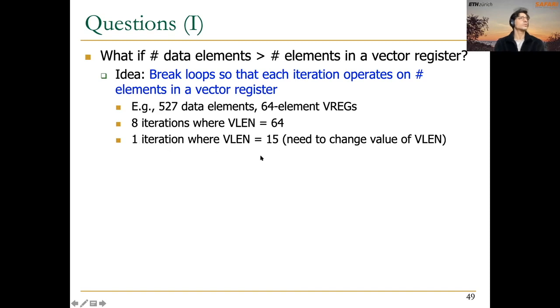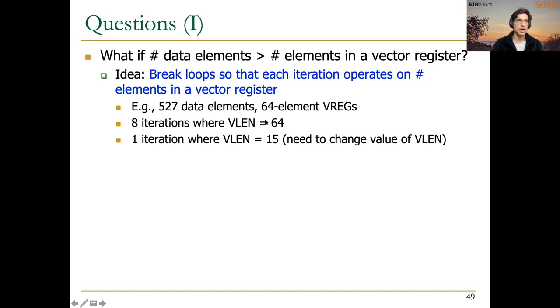I think there must be something wrong here, because it must be more than one iteration when the vector length is 15. No, sorry, I was misunderstanding this. It's exactly the way I was explaining.